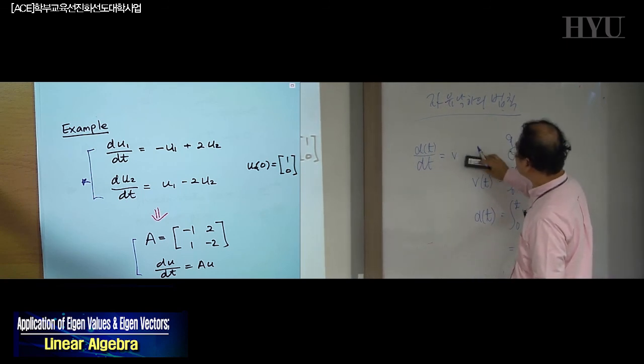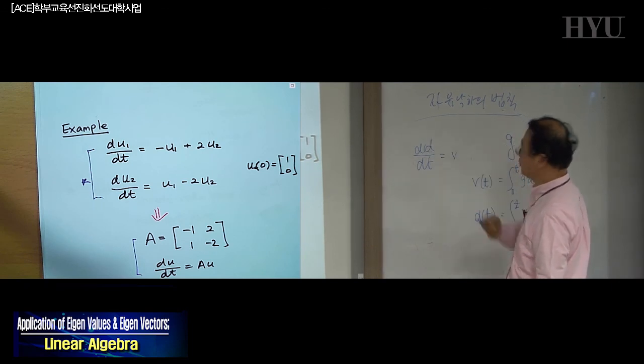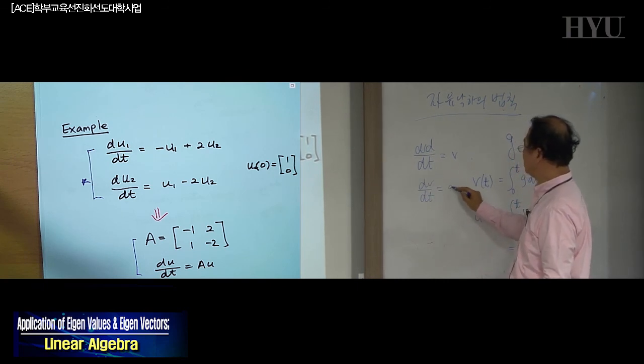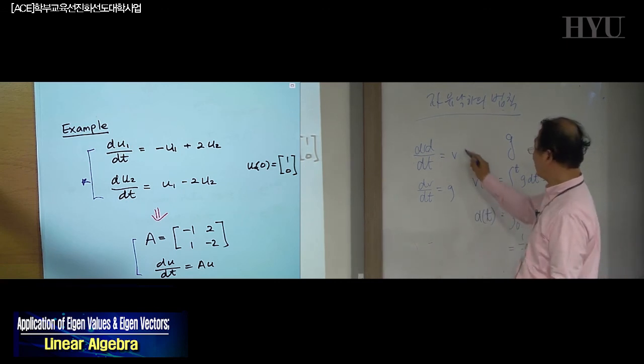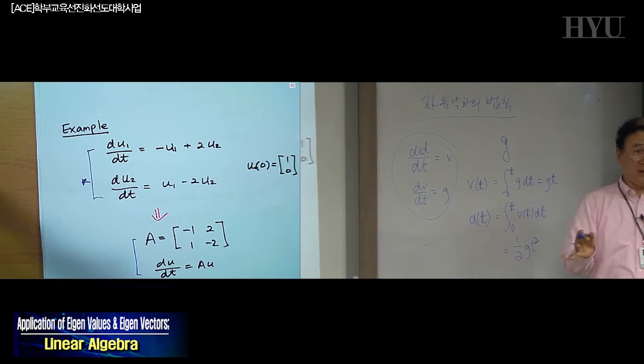Then this is dt, the distance, whatever is v, right? Then whatever dv over dt is g. This is another way to represent these differential forms, right? This is the one you learned.